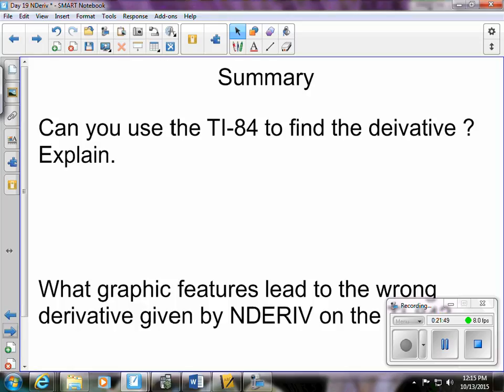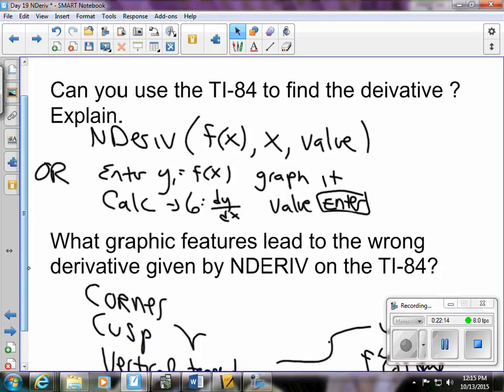So there are two basic ways you can use the TI-84 to find the derivative. Not the general rule, but you can find the derivative at a particular value. You can use the TI-84, 83, whatever you have. Either you can use nderiv, and you put it in on your home screen, or you graph a function, then go to your calc menu and enter a value.